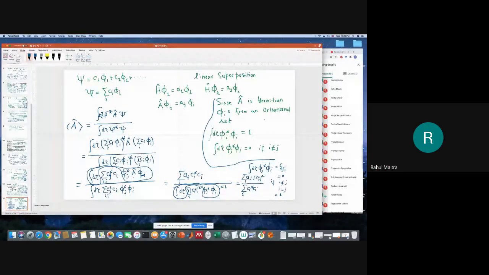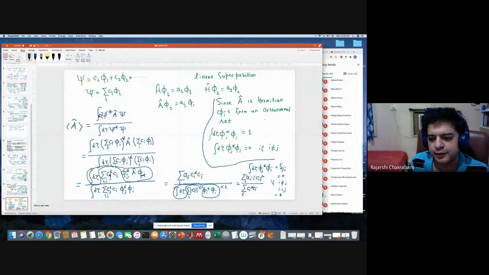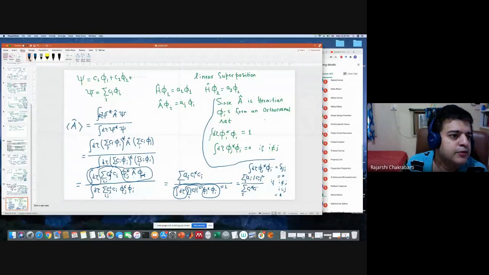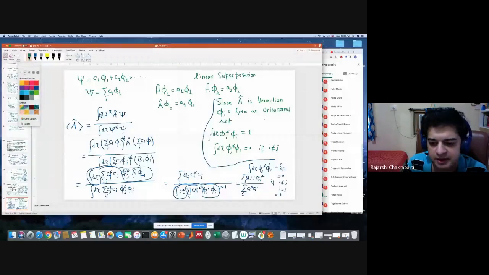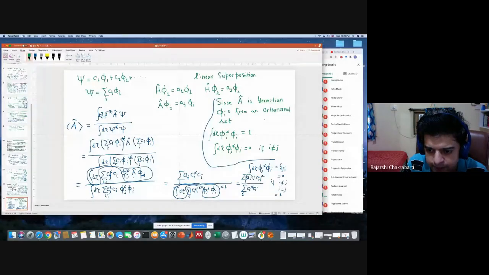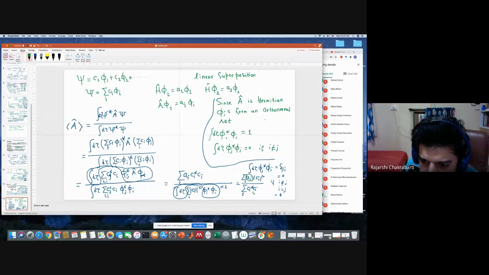So you essentially get all the eigenvalues multiplied by the corresponding probability. This is the eigenvalue ai, you multiply it with its probability, mod ci square, Ci star Ci. That's the weightage, and you add them and divide the whole thing by Ci star Ci, which is nothing but here.